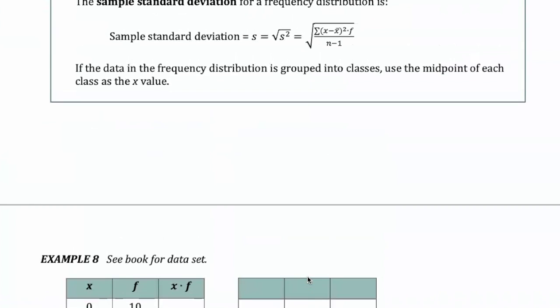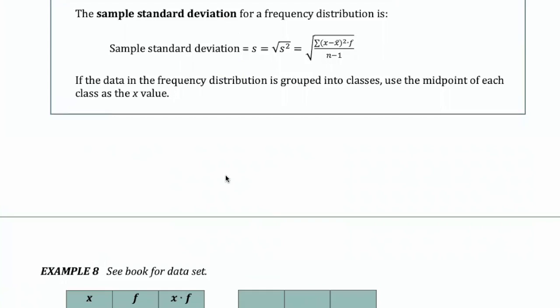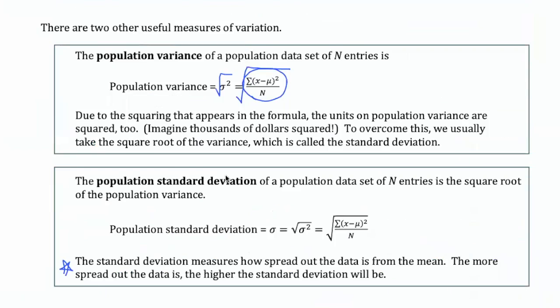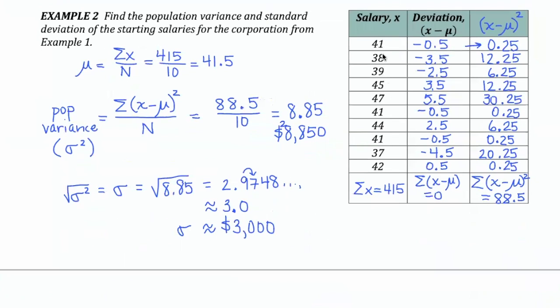The last thing we're going to take a look at in this section is what if you actually have a frequency distribution? It's kind of annoying, like in example 2 here, to list 41 3 times. If you have to list things that repeat each time that they repeat, your data set can be significant in size.